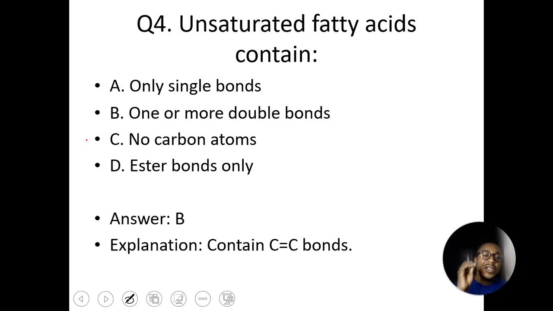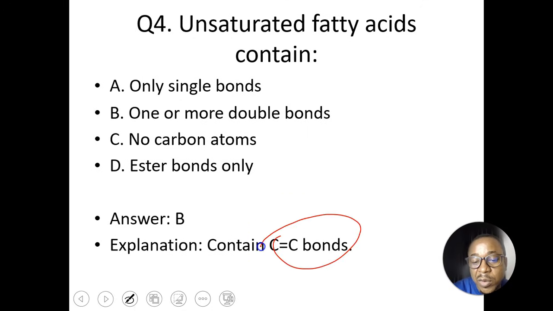Unsaturation contains one or more double bonds. You cannot say it contains only single bonds. The answer is one or more double bonds. If it is one carbon-carbon double bond, we'll say it is mono-unsaturated.